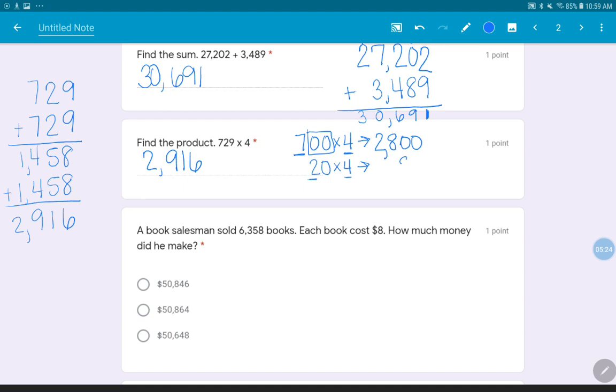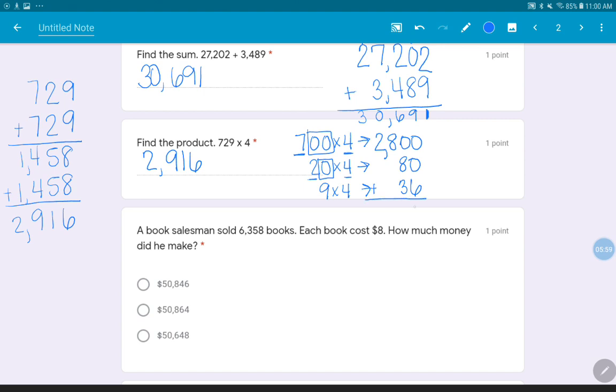Okay. And then we have how many zeros? 1. So 20 times 4 is 80. Then what? 9 times 4. 9 times 4 is 36. And then what did you do with those 3 partial products? Added them together. Very good.